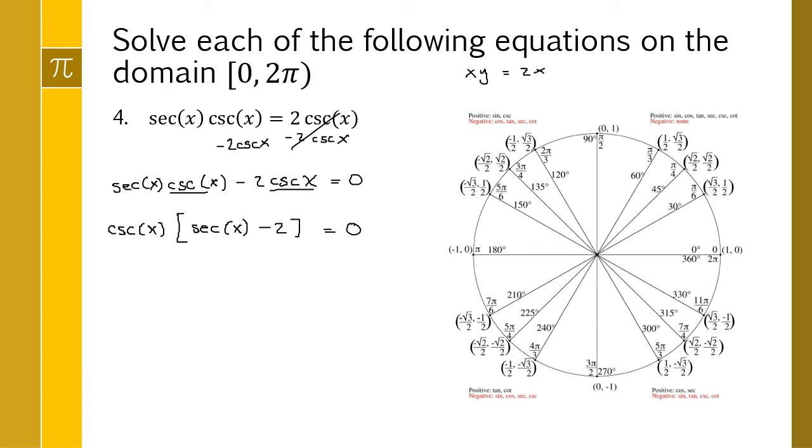And since these two terms multiplied together equal 0, that means that either term individually is 0. So either cosecant of x is equal to 0, or the secant of x minus 2 is 0.